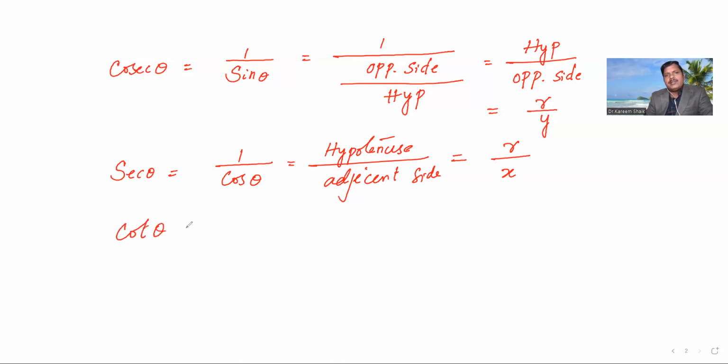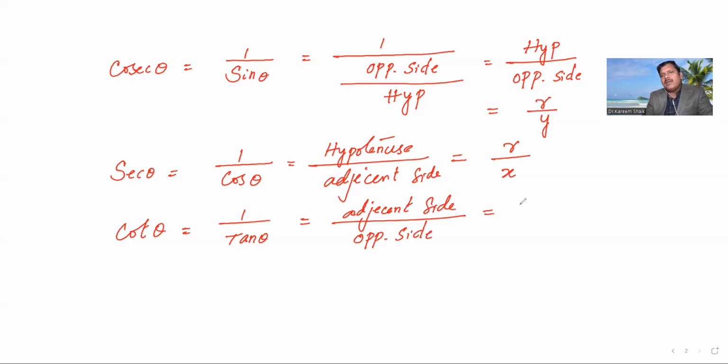Cot theta, cotangent theta, is nothing but the reciprocal of tan theta. Tan theta is nothing but opposite upon adjacent, so the reciprocal is adjacent side upon opposite side with respect to the right angle triangle.